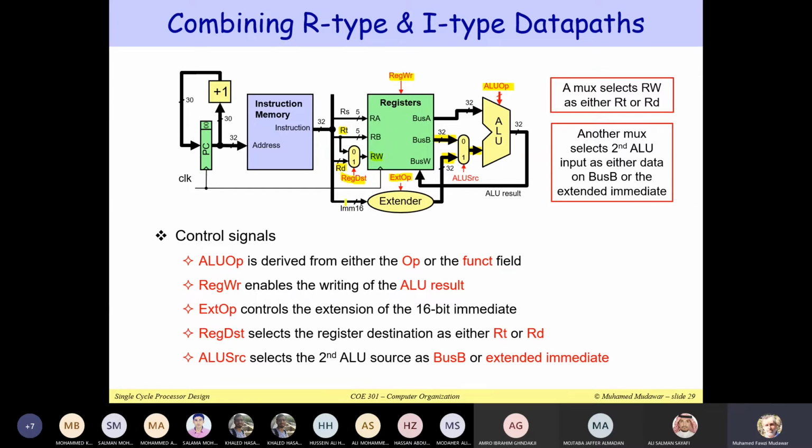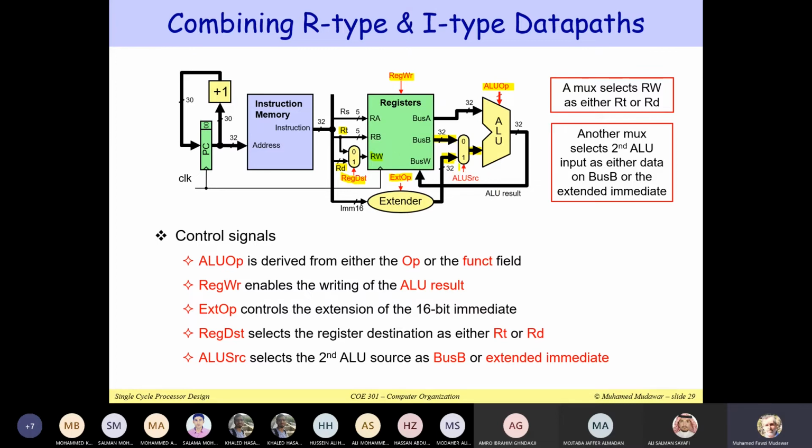What is not shown in this slide is the control logic that's going to examine the opcode and generate these control signals. But at least I have identified that I need to control my destination register.